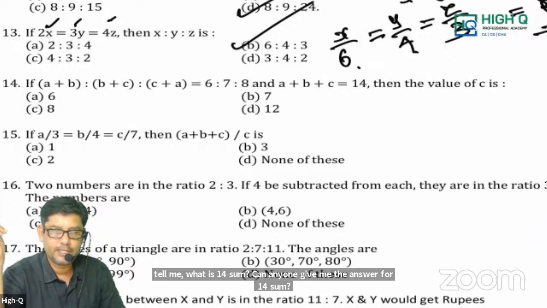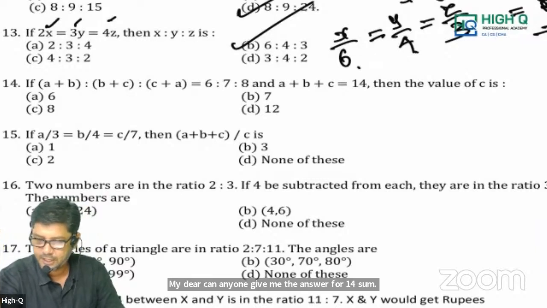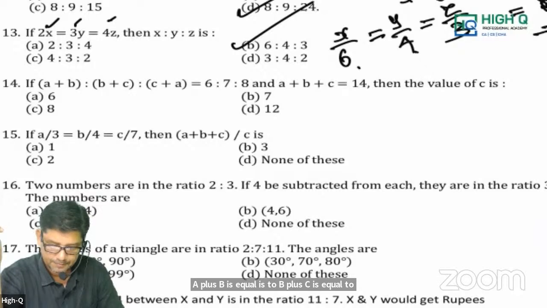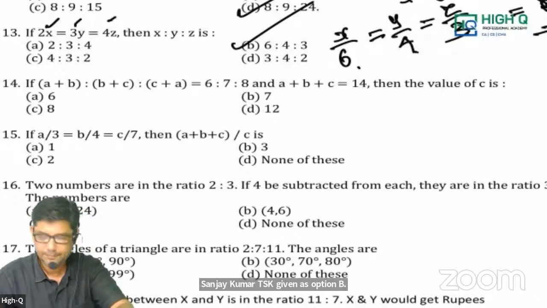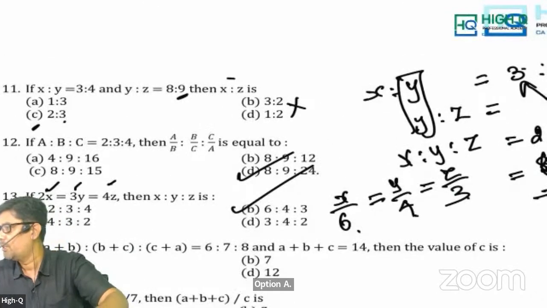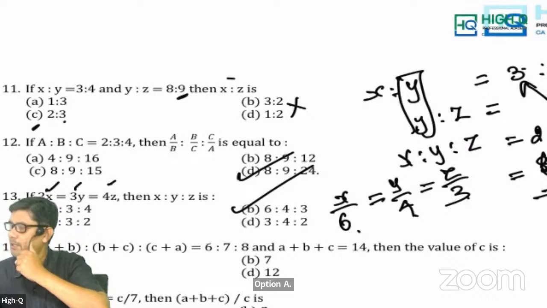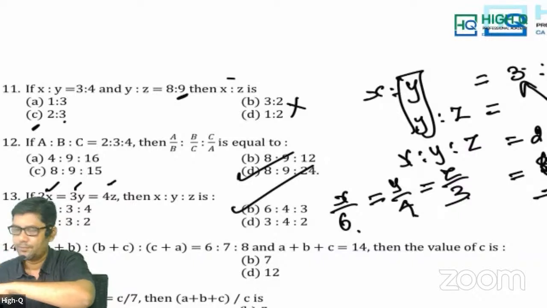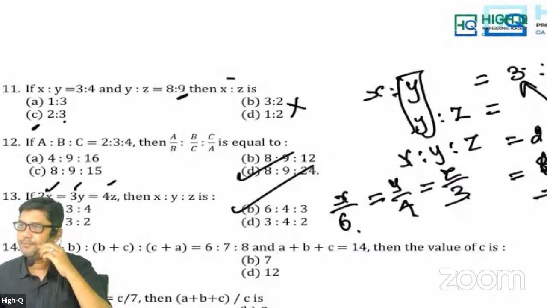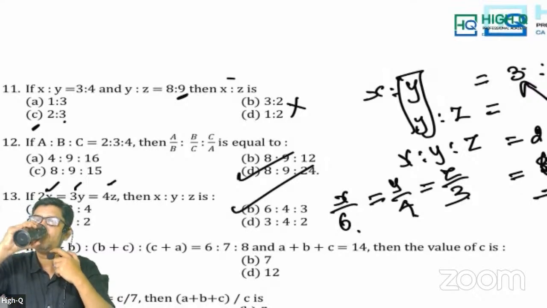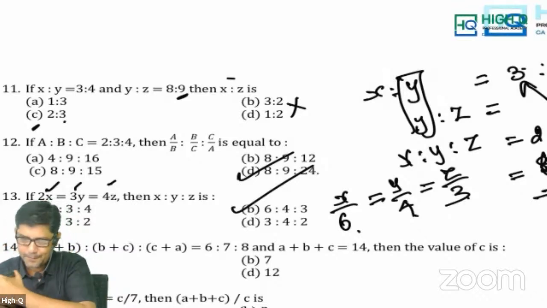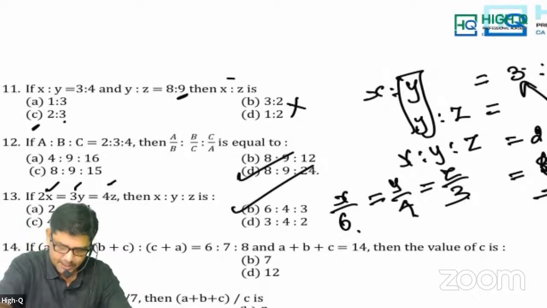A plus B is to B plus C is to C plus A, Sanjay Kumar gave option B. Option A. Yes.